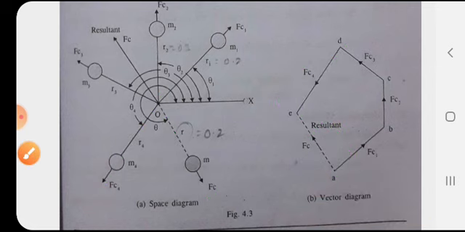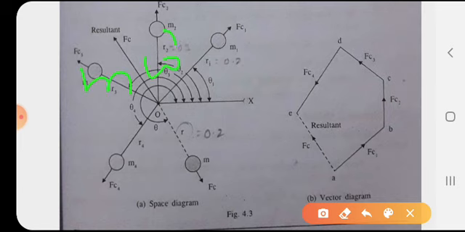Then calculate the magnitude of the balancing mass m at a given radius of rotation r such that m omega square r equals the resultant centrifugal force.